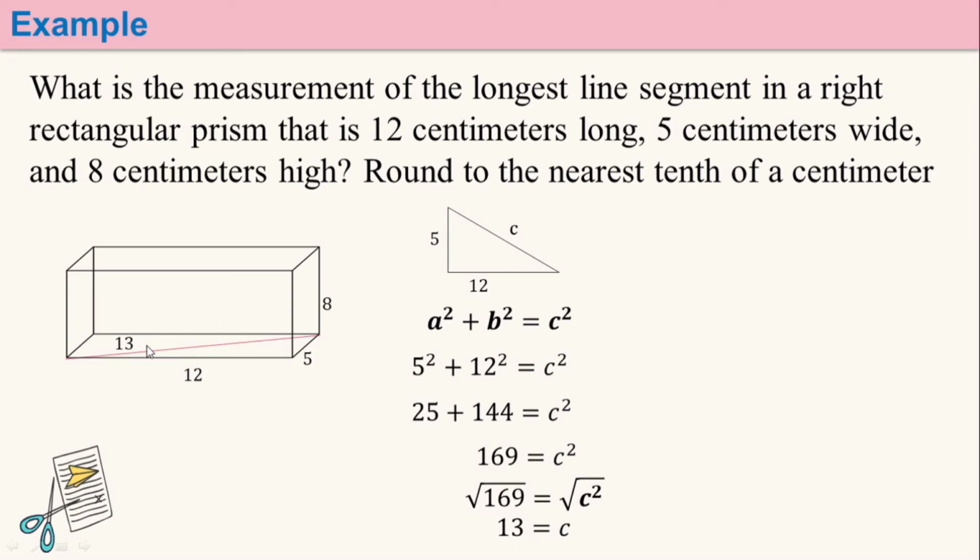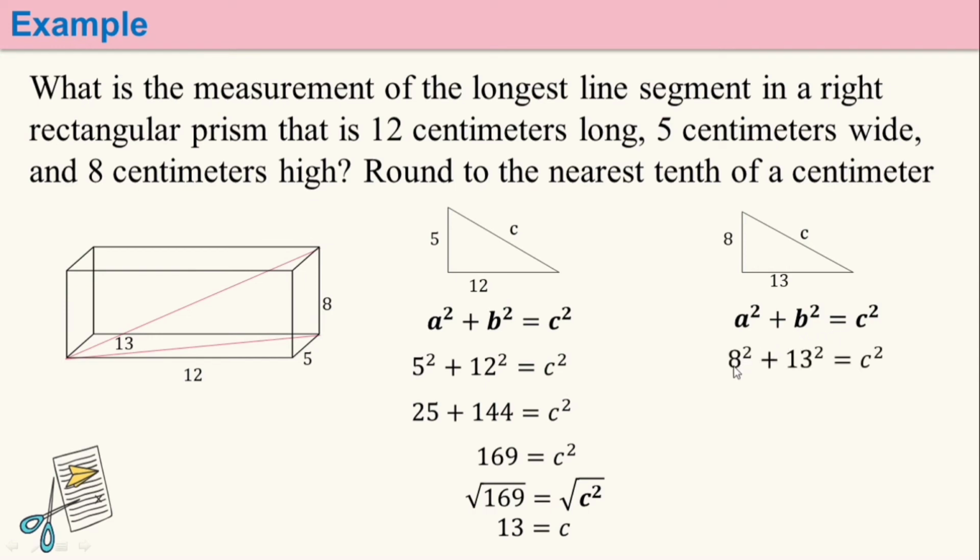Okay, so now for part 2, I'm going to find the diagonal from the very top corner to the center to the bottom corner, and that means now I'm going to use the side I just found as a leg and then my height is a leg to find the diagonal. Now I'm looking at this triangle inside, so 8 and 13 become my new legs. So draw this triangle out, like this. a squared plus b squared equals c squared.